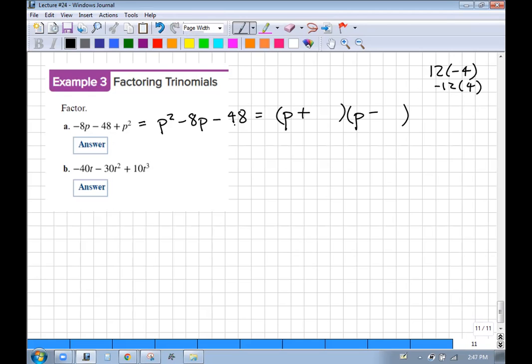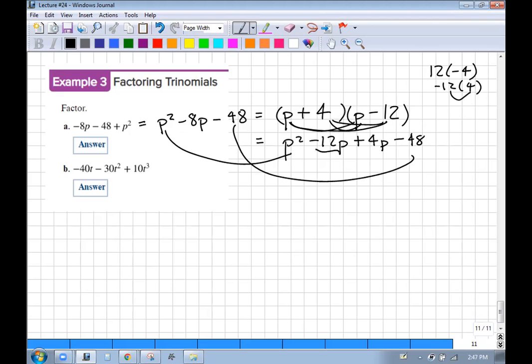They multiply to give me -48, and now these two add to give me a -8. So that means I need my 12 to be negative and my 4 to be positive. If we check our work, p squared minus 12p plus 4p minus 48. So there's that one, and these two give me that one.